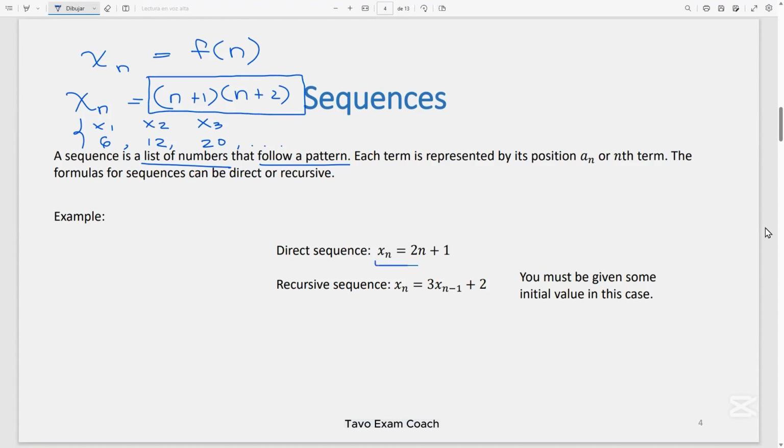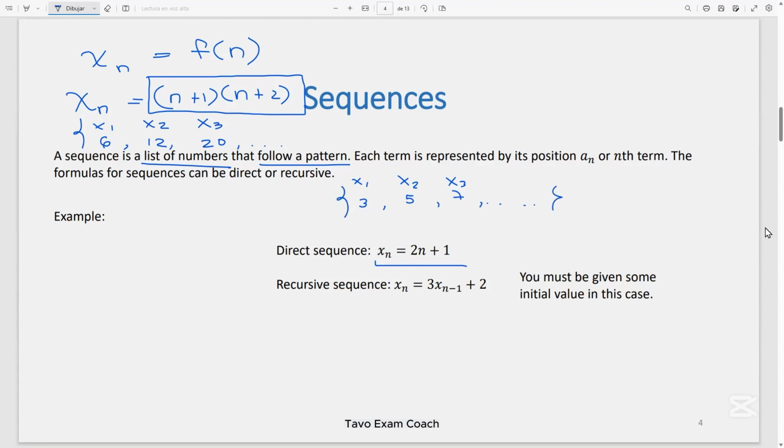If x of n, that is the value of the generic term in a numerical sequence, equals 2 times n plus 1, then the first term would be 2 times 1 plus 1, that is 3. The second would be 2 times 2 plus 1, that is 5. The third would be 2 times 3 plus 1, that is 7. And we can realize that this means all the odd positive integers starting from 3.